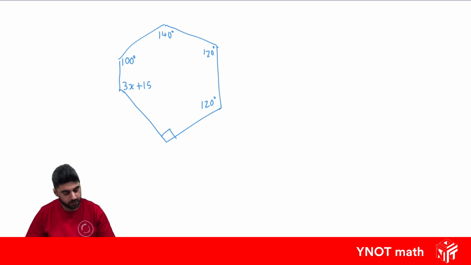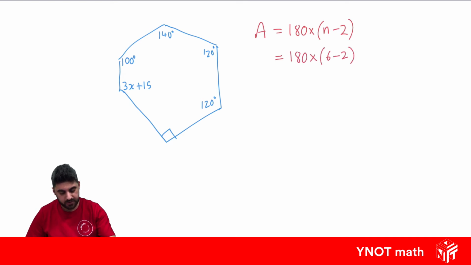And what we want to do, we can use our formula for an angle sum of a polygon equals 180 times n minus 2 to work out the angle sum of any polygon. This is a six-sided polygon. So it's going to be 180 times 6 minus 2, which is 180 times 4, which is going to give us 720 degrees.